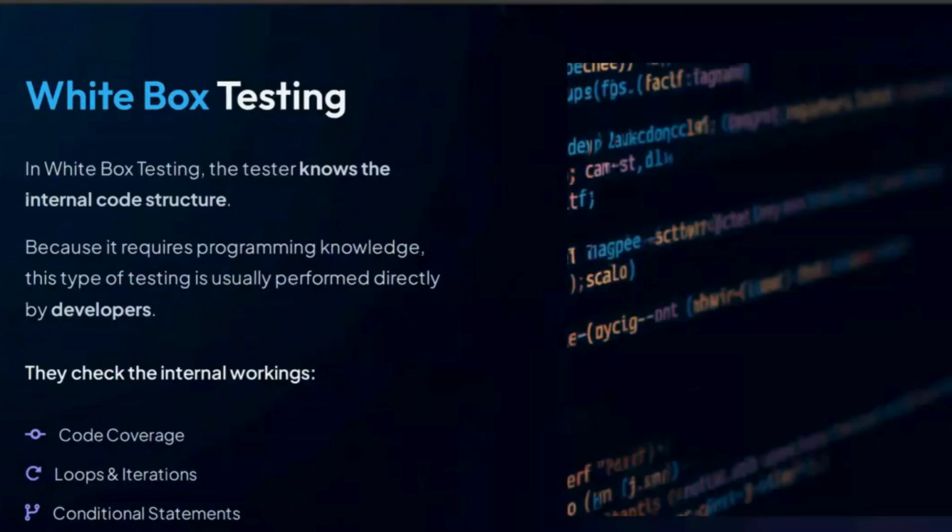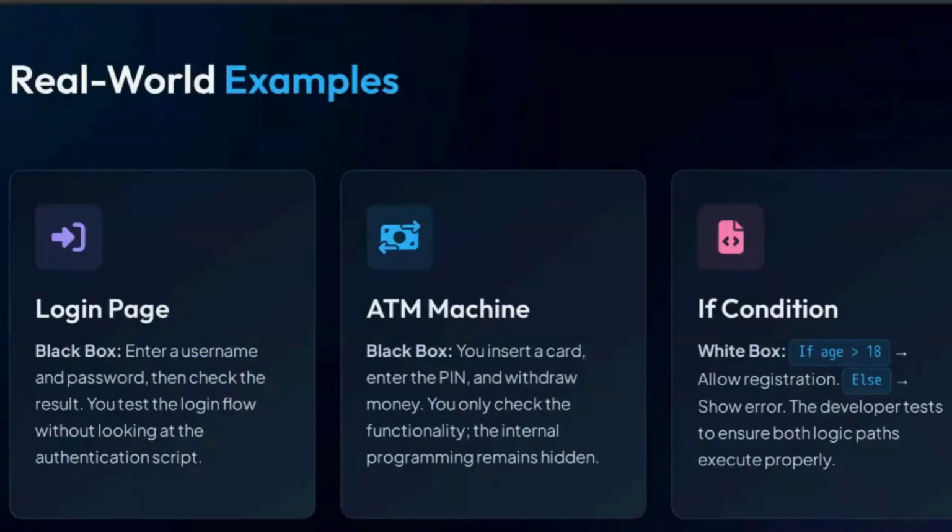Now let's understand real world examples. Login page, black box testing: you enter the username and password and check whether login is successful. You don't check the backend code for this type.